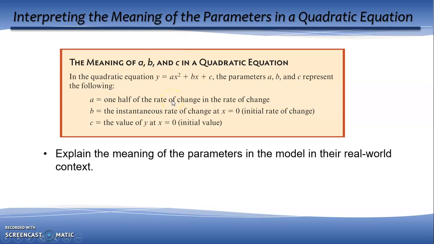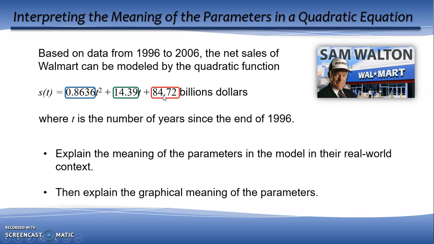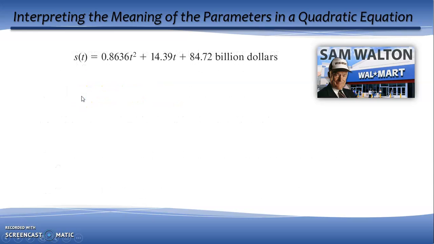That means that the rate of change in the rate of change is 2a. So then we have to explain the graphical meaning of those parameters. What is a, what is b, and what is c? Remember, we're going to start with c, then b, then a.